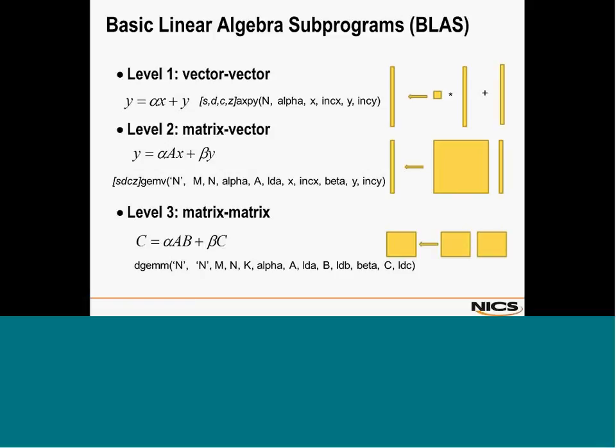The first letter is indicative of what kind of precision, what kind of real number you have. So S for single precision, D for double precision, C for complex single precision, and Z for double complex precision. So, for example, the routine DAXPY would be for vectors with double precision.